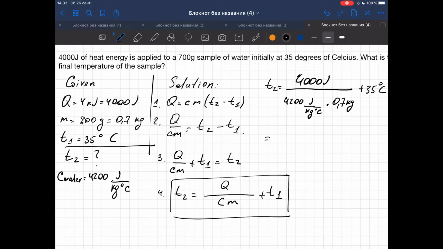And let's calculate then. We can cancel zeros from this and this one.